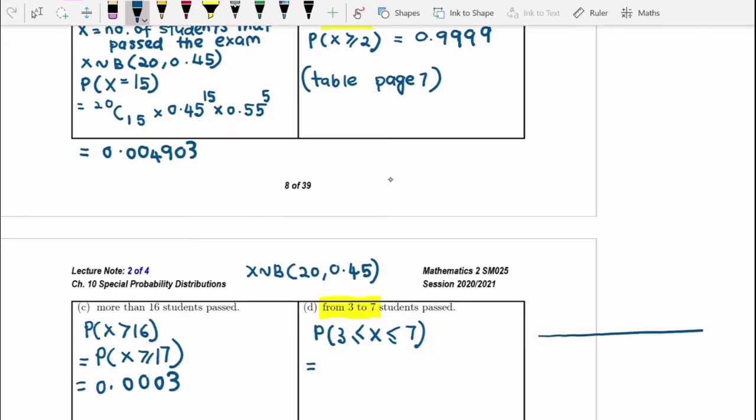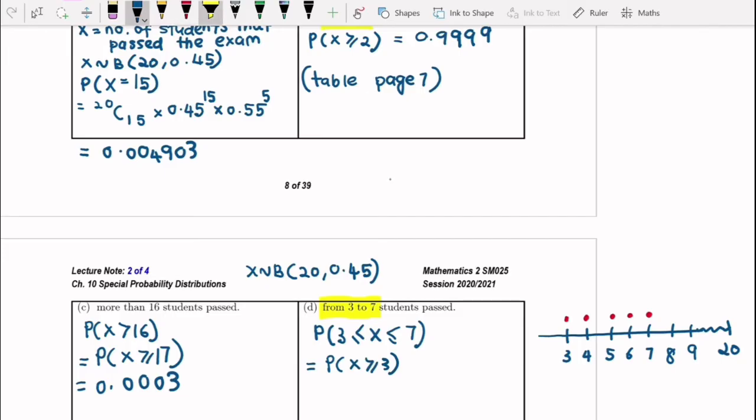So we draw a number line. We have 3, 4, 5, 6, 7, 8, 9 up until 20, because our n is equal to 20. We just want from 3 to 7. So what we can do is take probability x greater equals to 3.